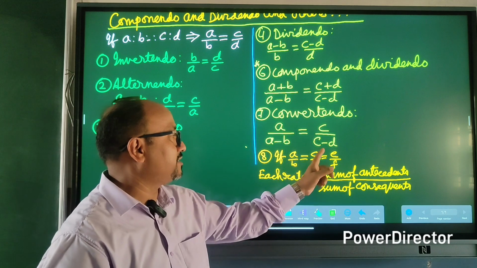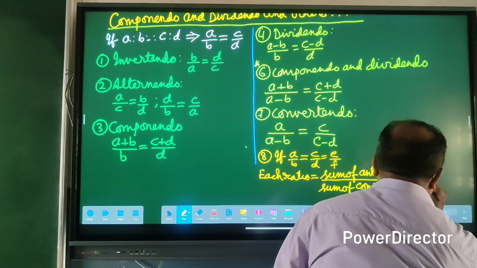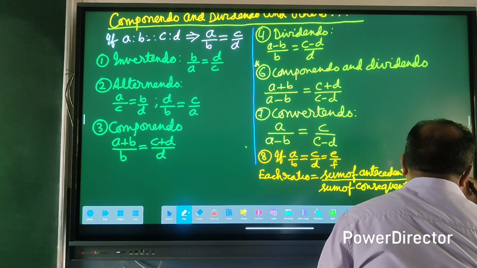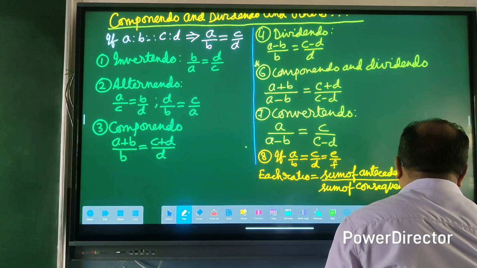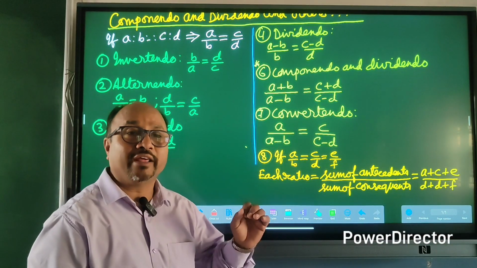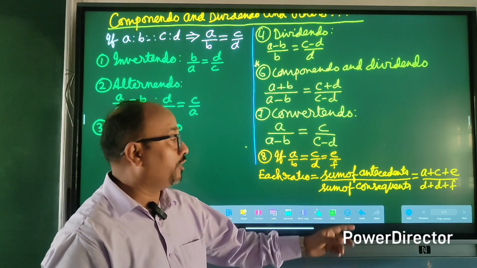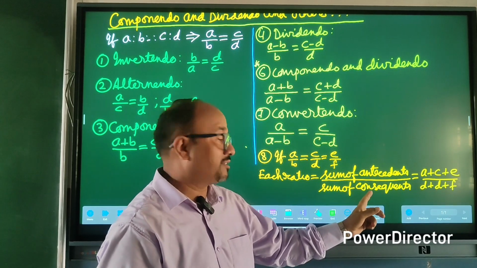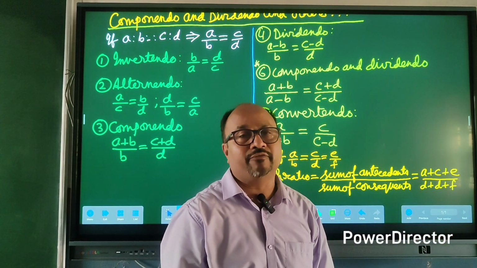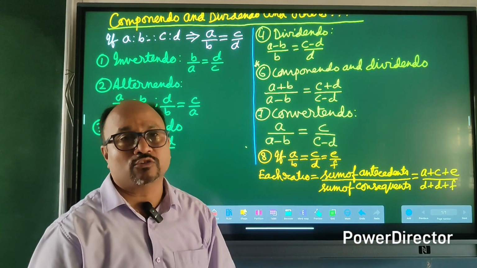So antecedents are A, C, E and consequents are B, D, F. So based on this I will get A plus C plus E, and here I will get B plus D plus F. So whenever you are asked to find the value of each ratio, you will be doing this sum of antecedent by sum of consequent, which gives you A plus C plus E by B plus D plus F. So based on your ratio, these things can change. I have written it on the basis of what ratio I have.